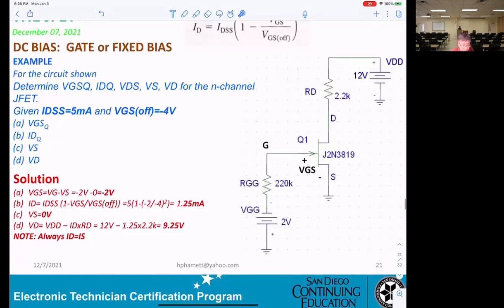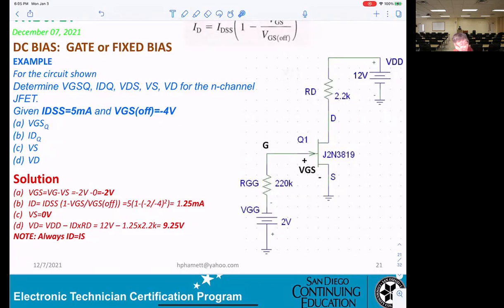Okay, this one is just fixed bias. So if I give you the fixed bias circuitry, and I want to calculate the VGSQ, you understand VGSQ means the Q point.